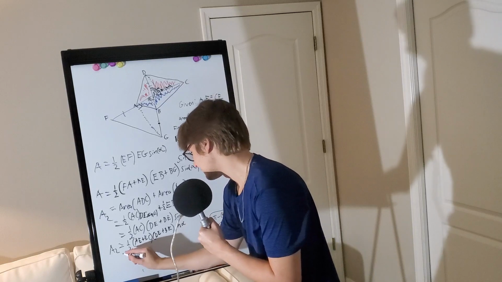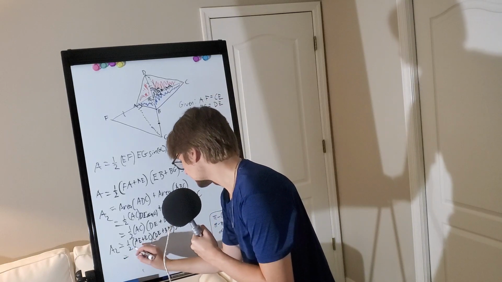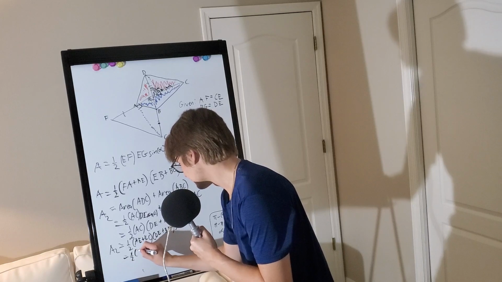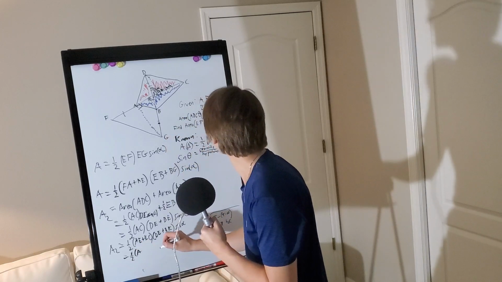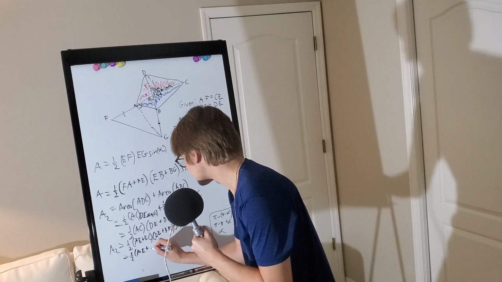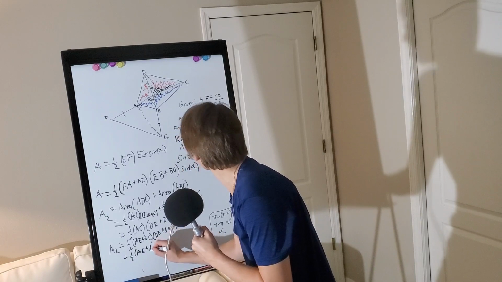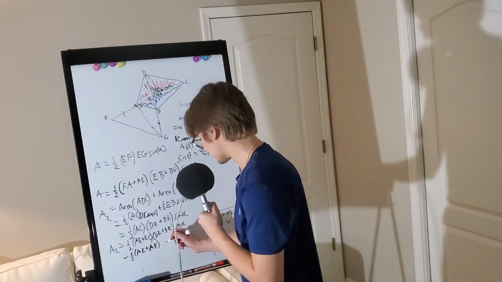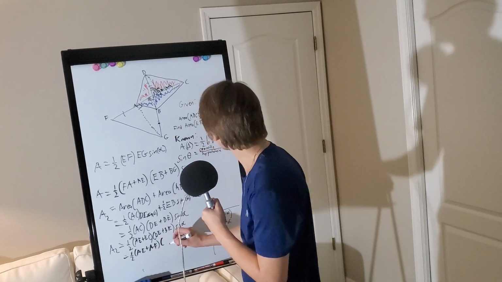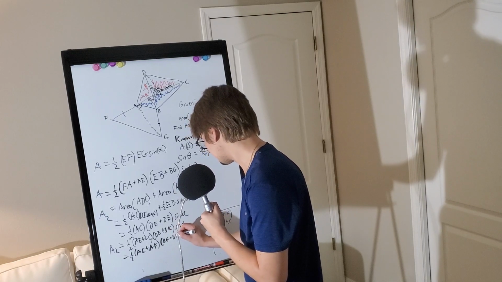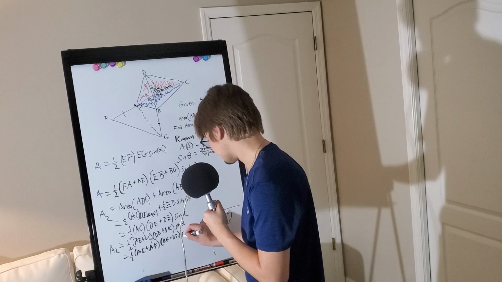Then we get 1/2 (AE plus AF), and then we're going to have (BG plus BE). Then we have our sine of alpha.